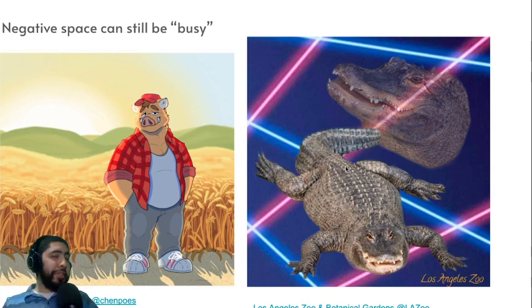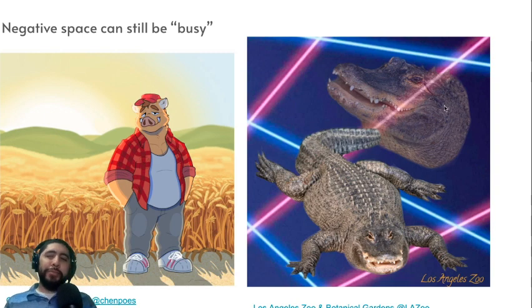And this one's a little bit more tricky because we have this second gator. To me, this would be the positive space, because this is what we're focused on. Everything around it is kind of decoration.